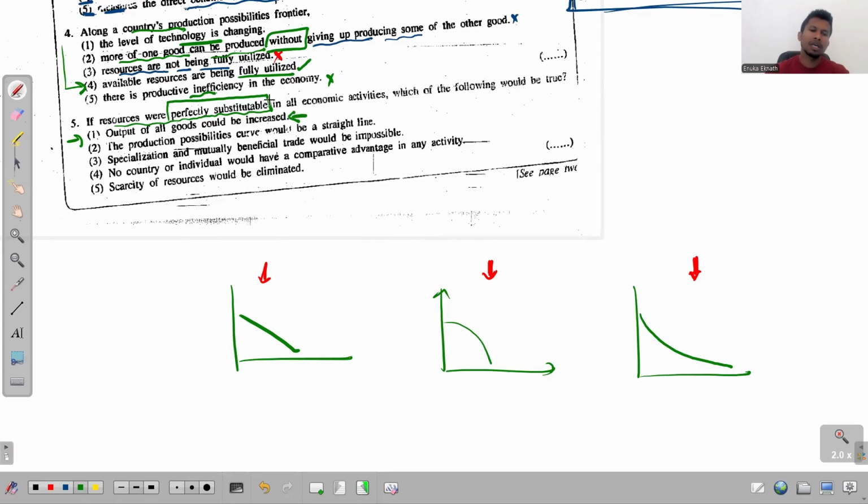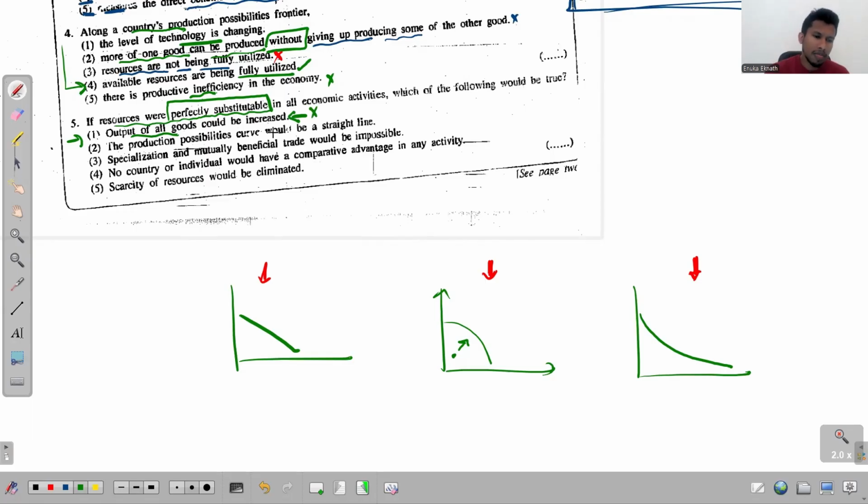Even if resources are heterogeneous, and if you are operating at a point inside the PPC, now this economy has the ability to increase the output of both goods simultaneously. So that can happen even if resources are heterogeneous.